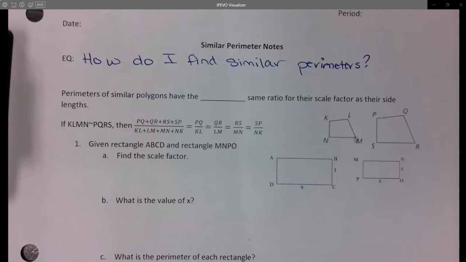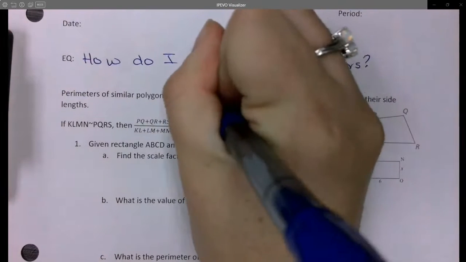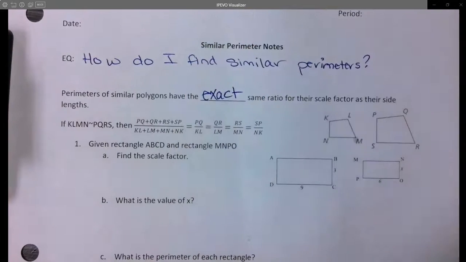So perimeters of similar polygons have the exact same ratio as they do for their scale factor for their sides.